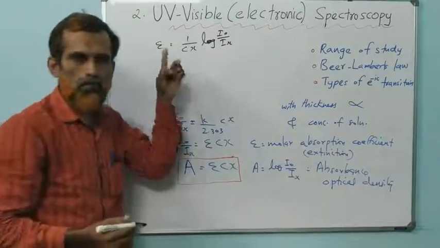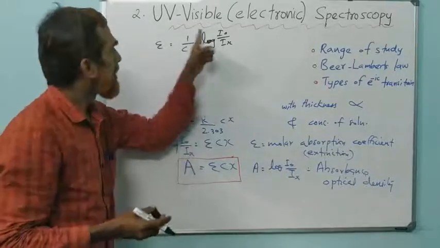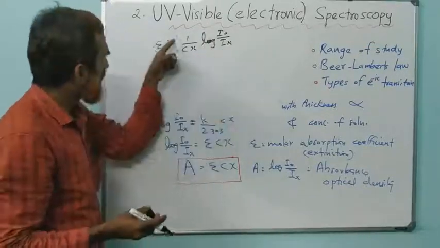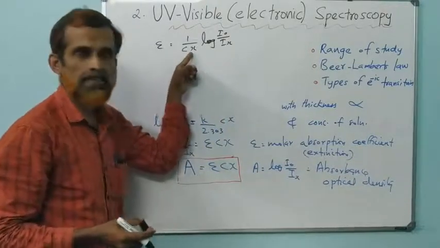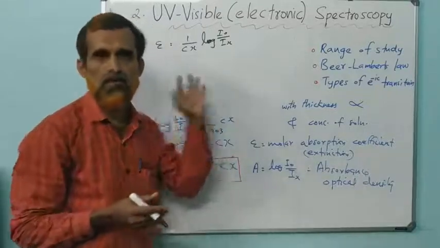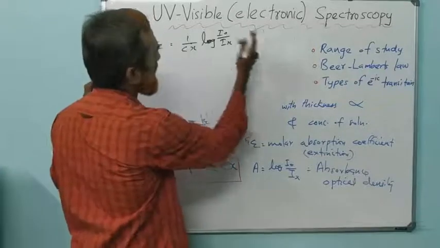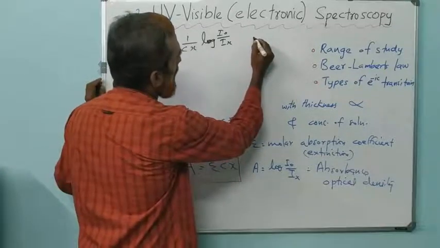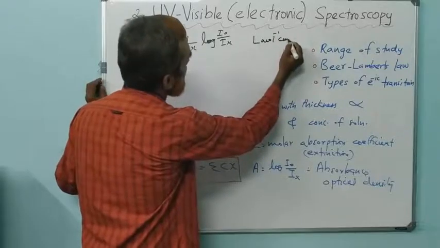This is molar absorption coefficient. Remember, what is the unit of epsilon? Log I0 by Ix has no unit. Concentration in moles per liter, and x thickness is taken in centimeter in this purpose. So the unit of epsilon will be what? Taking the reciprocal will be liter mole inverse, right? And centimeter inverse will be the unit.